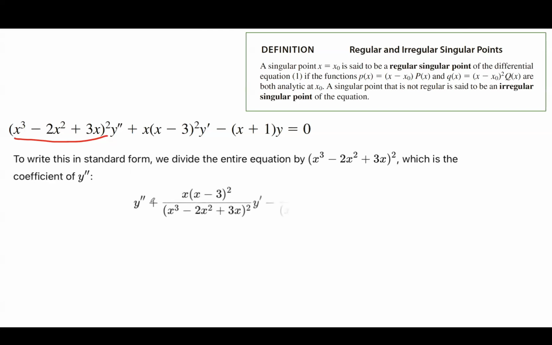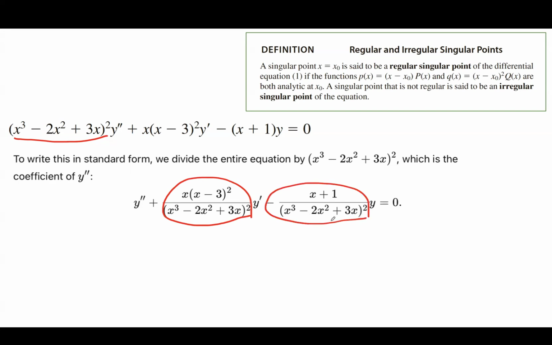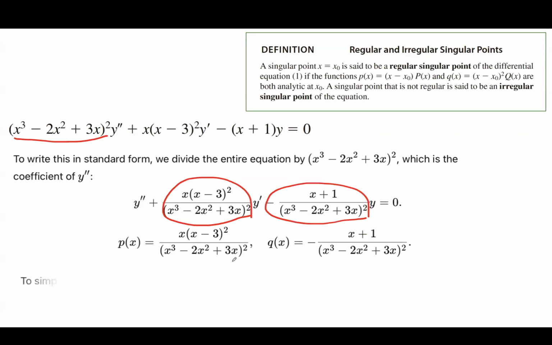So we end up with the second derivative of y plus p of x times y prime, and here your q of x is negative (x plus 1) divided by (x cubed minus 2x squared plus 3x) to the power 2 times y equal to 0. So this is your p of x and this is your q of x. With the same process, we can find the zeros of the denominator and then find the limit as well.